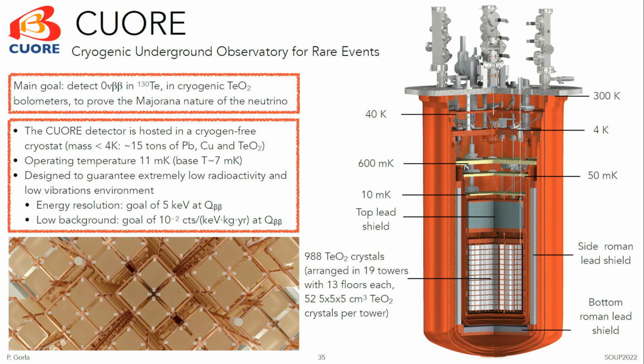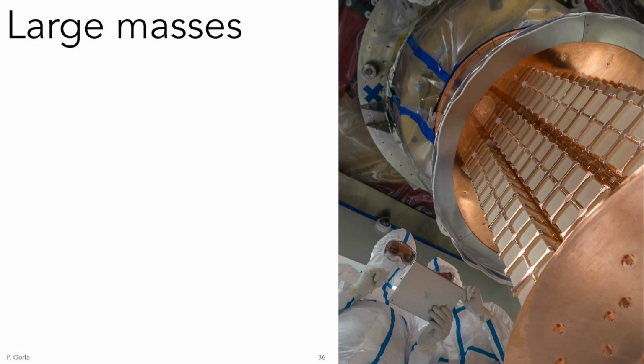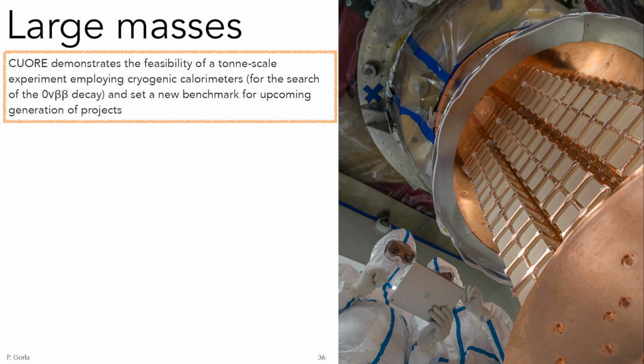It was developed by the Cuore collaboration in partnership with some companies, and from the point of view of the mass reachable with this kind of technology, Cuore demonstrated the feasibility of a ton-scale experiment employing cryogenic calorimeters, in this case for the search of neutrinoless double beta decay, and set a new benchmark for a number of new experiments which are now proposed all around the world, aiming to reach similar or even larger masses with cryogenic technology.